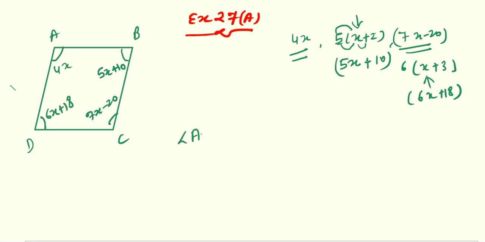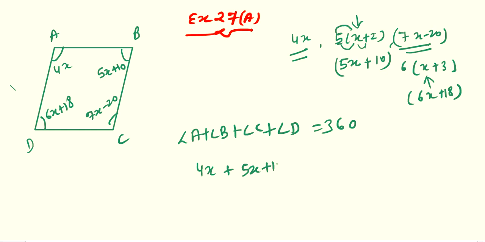Now the same rule: angle A plus angle B plus angle C plus angle D equals 360. So angle A 4x plus angle B 5x plus 10 plus angle C 7x minus 20 plus angle D 6x plus 18 equals 360.